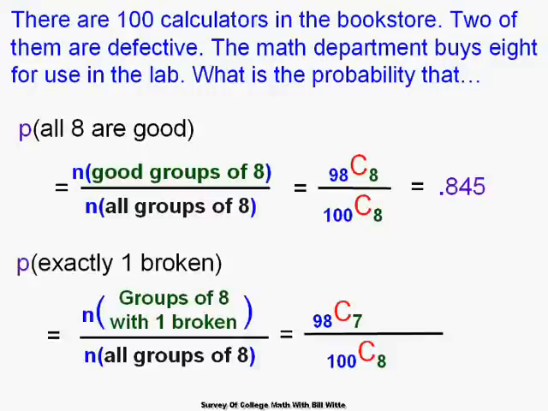Now the multiplication principle says I can multiply that by the remaining one, which is going to be drawn from the 2 broken ones at the store. So that'll be a combination of 2 taken 1 at a time. I'm not going to take the time to put it into the calculator, it comes out to 0.148.